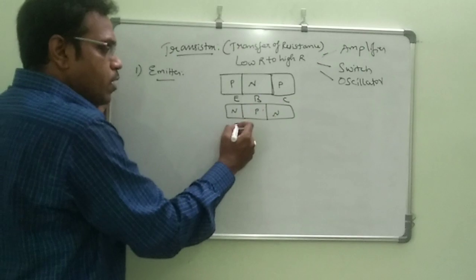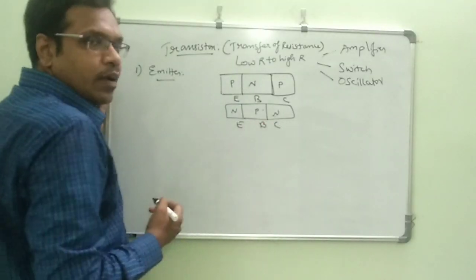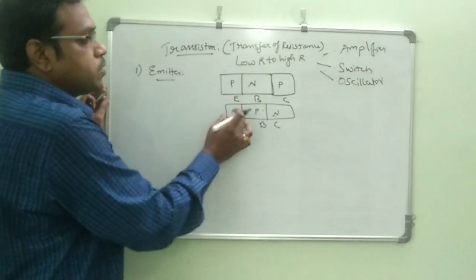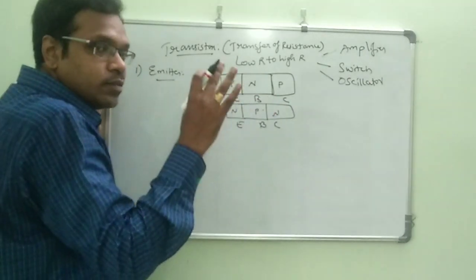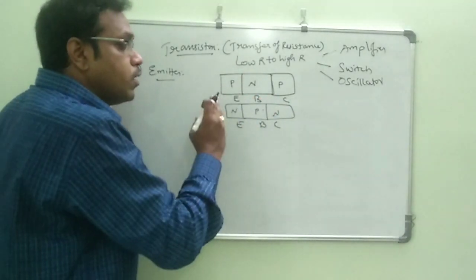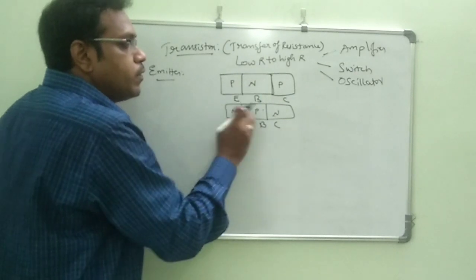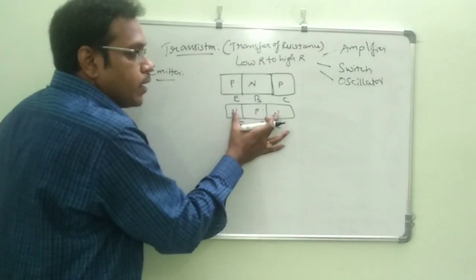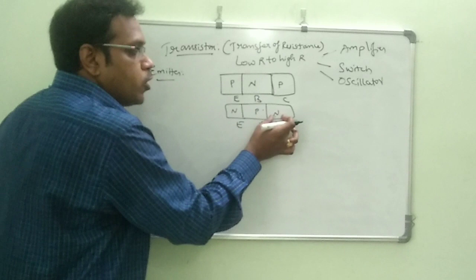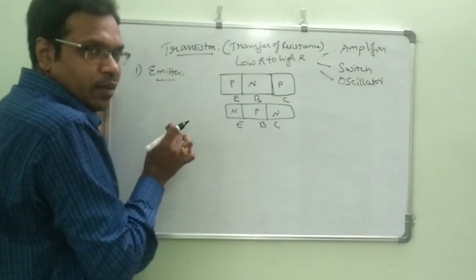It may be NPN, with emitter, base, collector. We dope all this in a single silicon crystal, with the same phosphorus and aluminum.